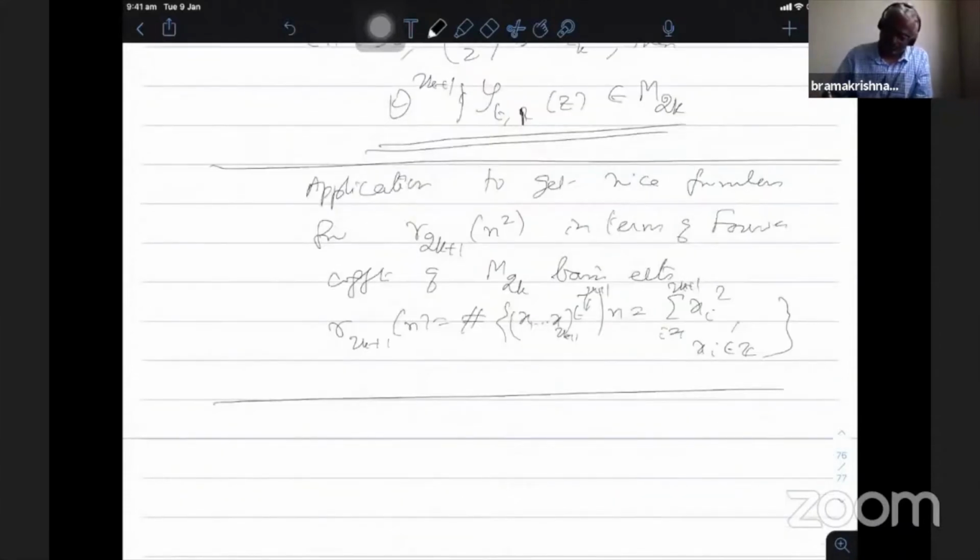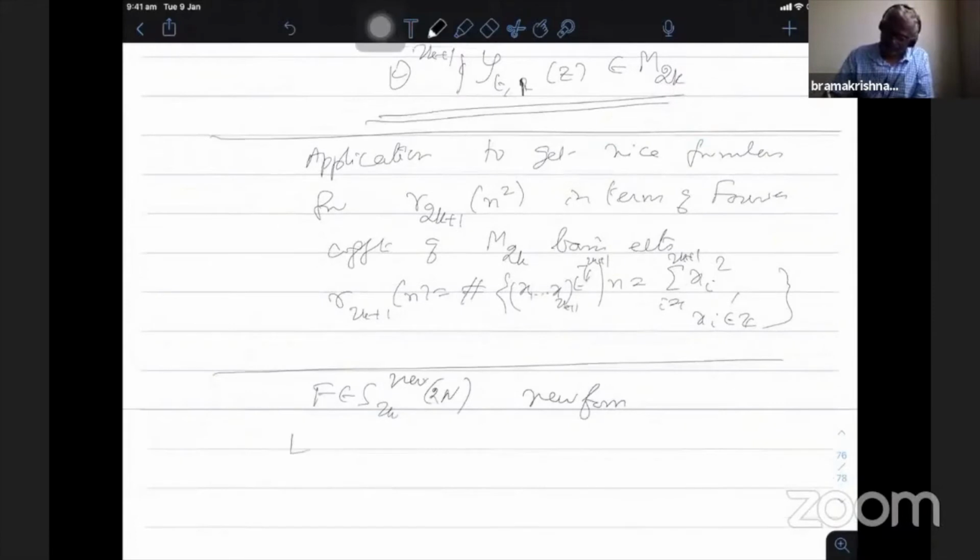So take F a new form in S_2k(Γ0(2n)), and consider the L function associated to F twisted by the character (d/·).